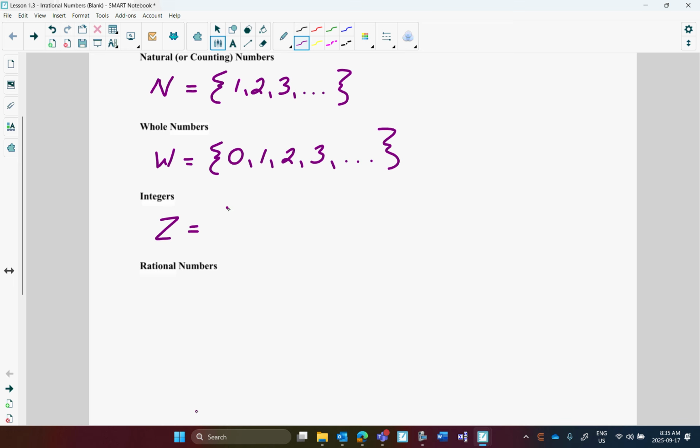And how we write this is, we put 0 in the middle, and then we count up forever, 1, 2, and so on. But then we also count down into the negatives, negative 1, 2, and down forever. So that's what it looks like in notation.